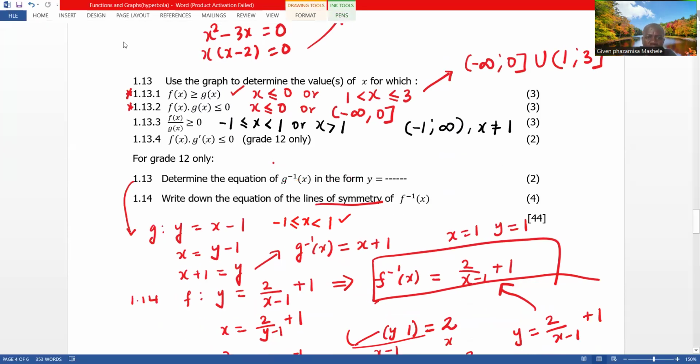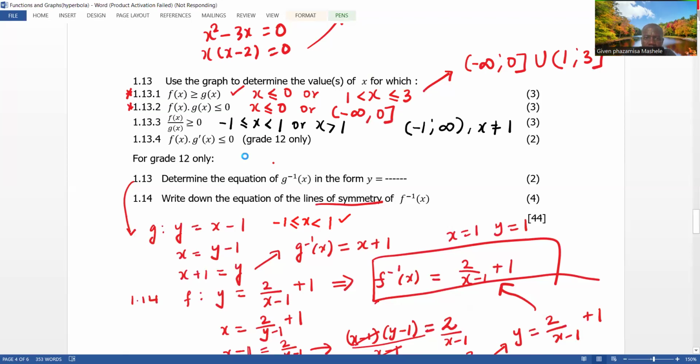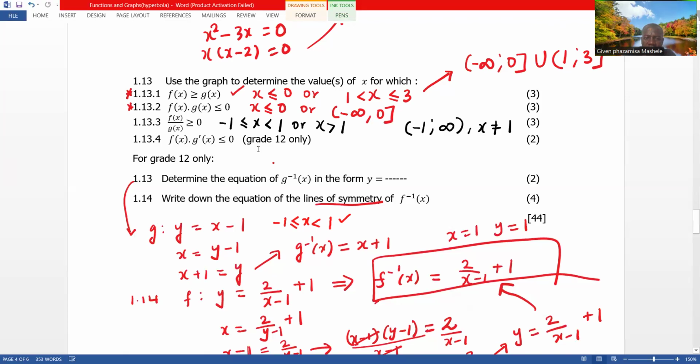It will be from -1 inclusive up until 1.